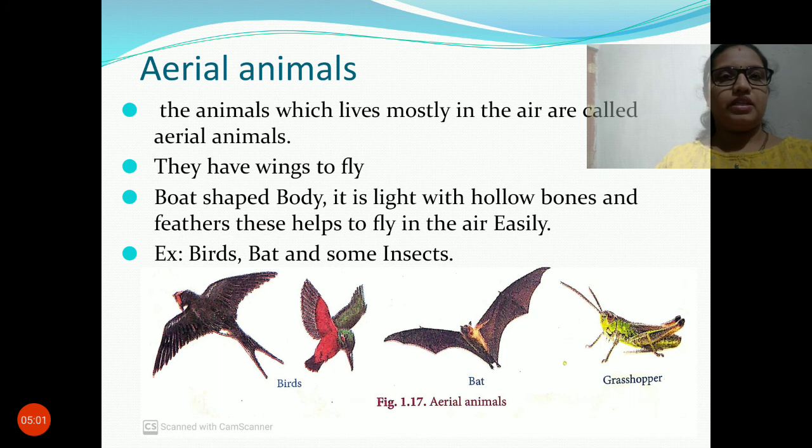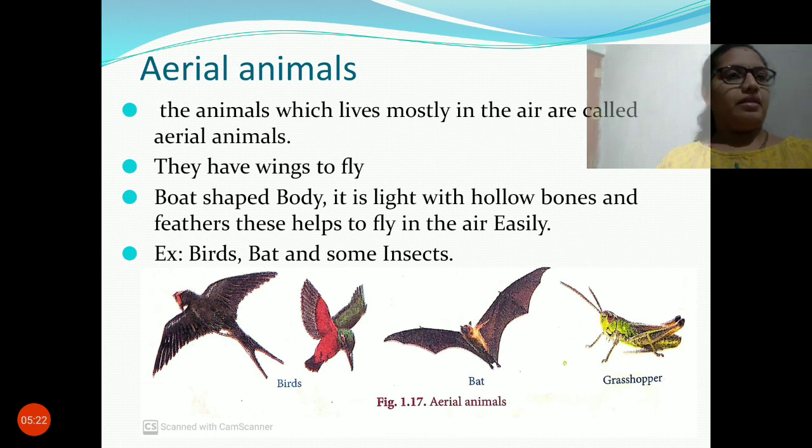We will see the body structure. It has a boat shaped body and is light, with hollow bones. Hollow means bowl shaped bones, and feathers. These feathers and hollow bones will help the animal to fly.